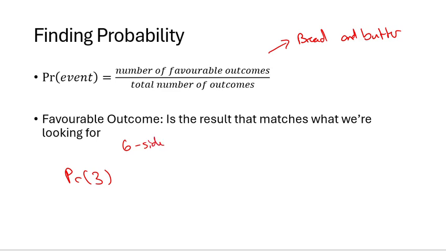On a six-sided die, there's only one 3 on the die, yeah? So obviously that means you're gonna put your favorable outcomes as 1. Now, the denominator, the total number of outcomes, just means, on the die, how many faces are there, or how many possible total outcomes are there? Obviously, it's a 6-sided die, so you would just say 6. That's all it means, okay? So make sure you have this. This is very important right here.